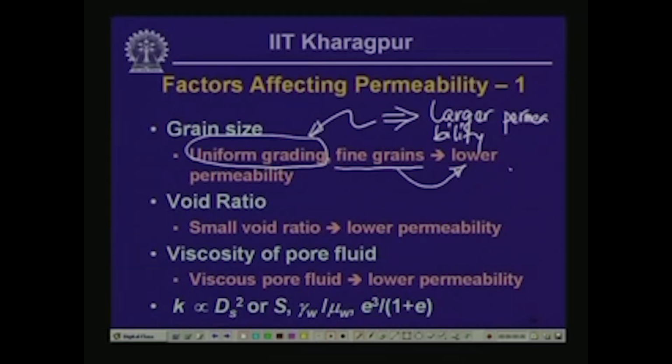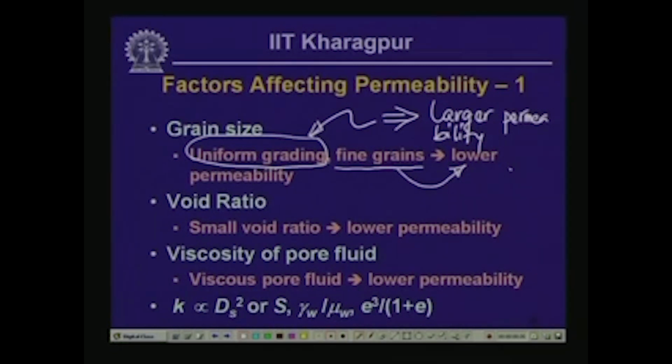Then permeability K is going to be proportional to the unit weight of the pore fluid divided by the viscosity of the pore fluid, and permeability K is also proportional to a term equal to e cubed divided by 1 plus e, where e is the void ratio. So, all these factors are going to affect permeability.